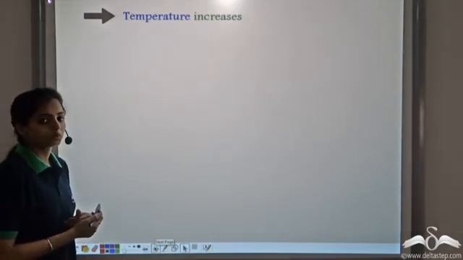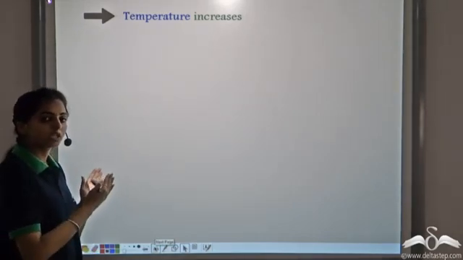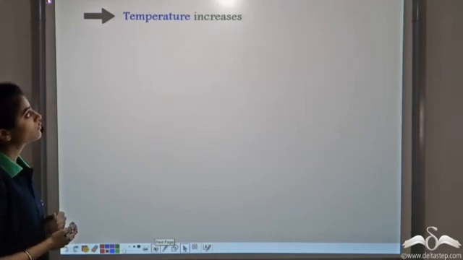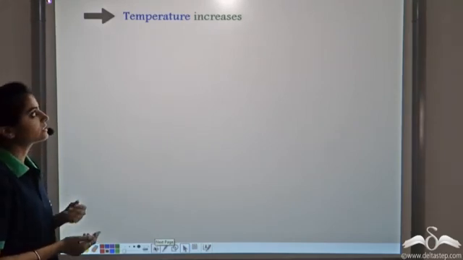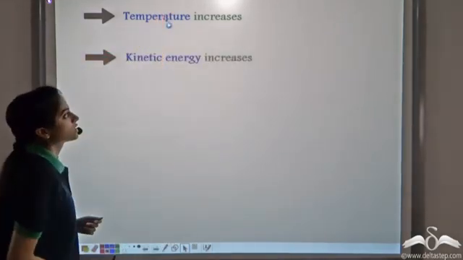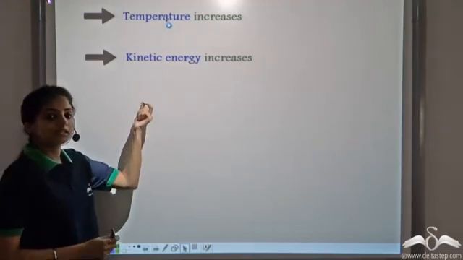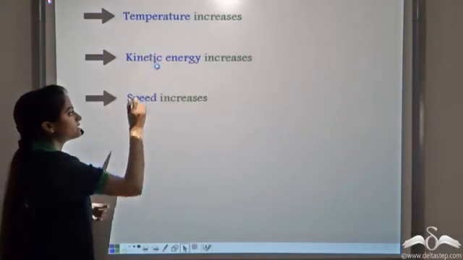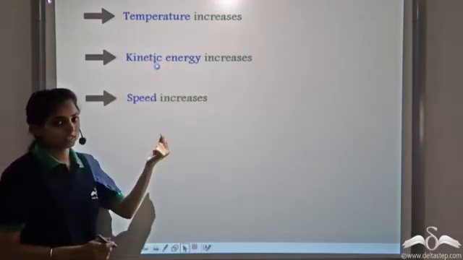Let's see again how this boiling or change of the liquid state to gaseous state takes place. So we provide heat energy to water, that is, we are increasing the temperature of the sample, which in turn increases the kinetic energy of the particles. As you increase the kinetic energy, the speed of the particles increases.